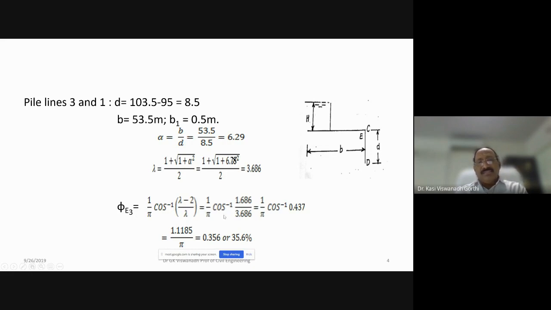That is 1 by pi cos inverse of (3.686 minus 2), 1.686, divided by the value of lambda, 3.686. So 1 by pi cos inverse of 0.437, or 0.356, or 34.6, is the uplift pressure in terms of percentage at the pile line 3 junction point E.